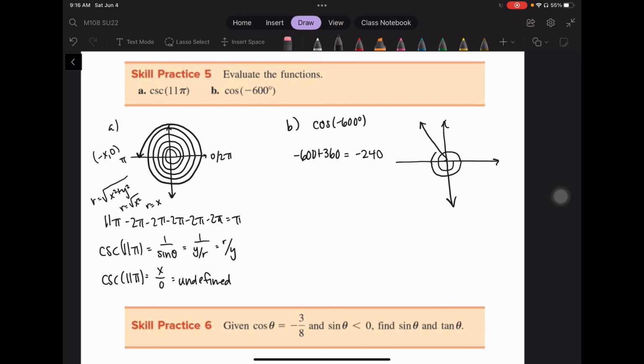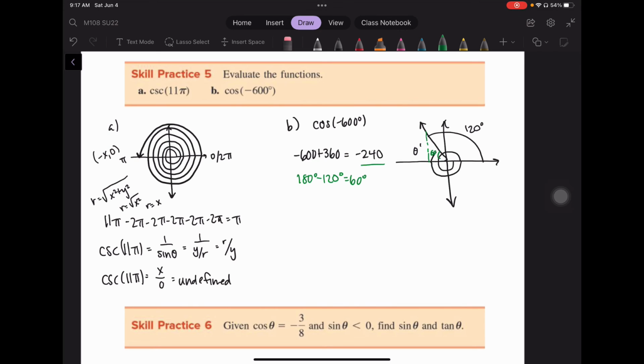And so we need to figure out what this reference angle is to be able to calculate. So this negative 240 means that we're dealing with 120 degrees here. Taking 180 degrees minus 120 degrees, we get that that reference angle is 60 degrees.